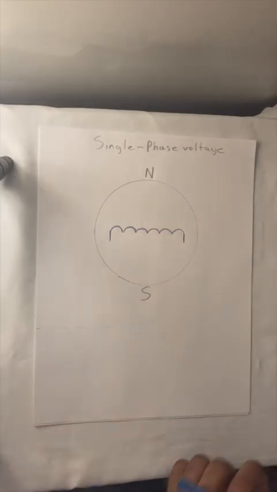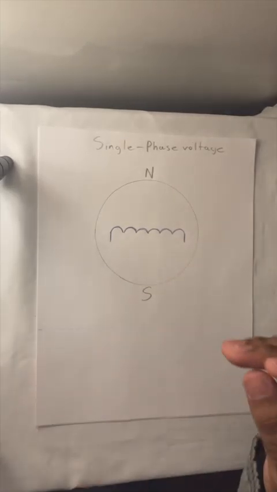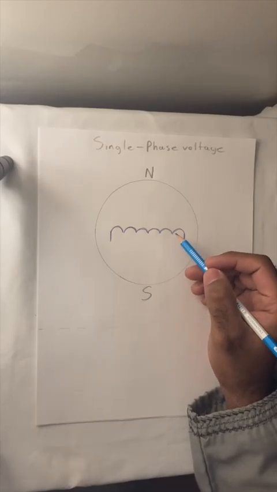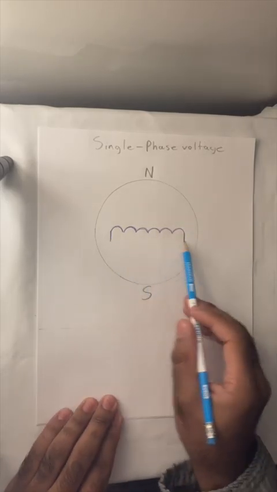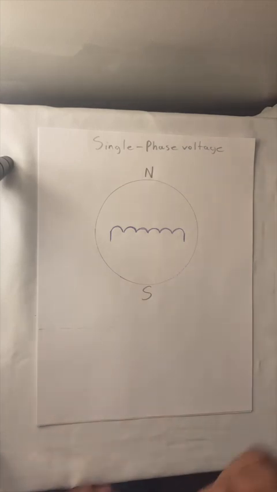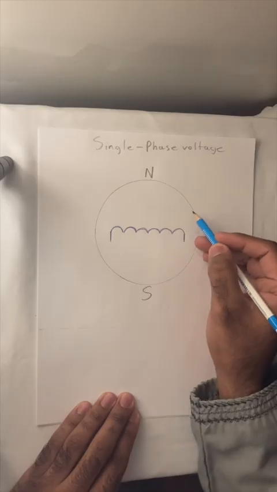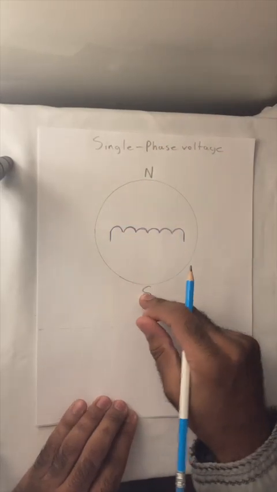If we were to illustrate the generation of a single phase voltage, we can equate it to something similar to this. We have a coil or a winding, and we have our poles, north and south pole.